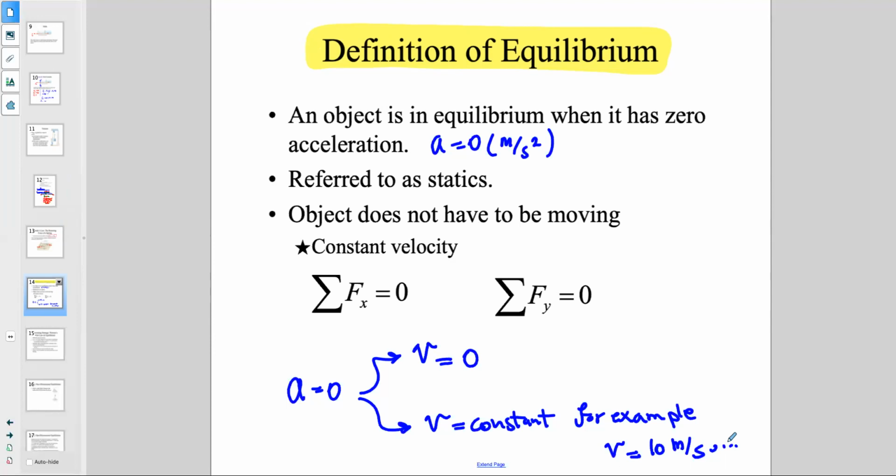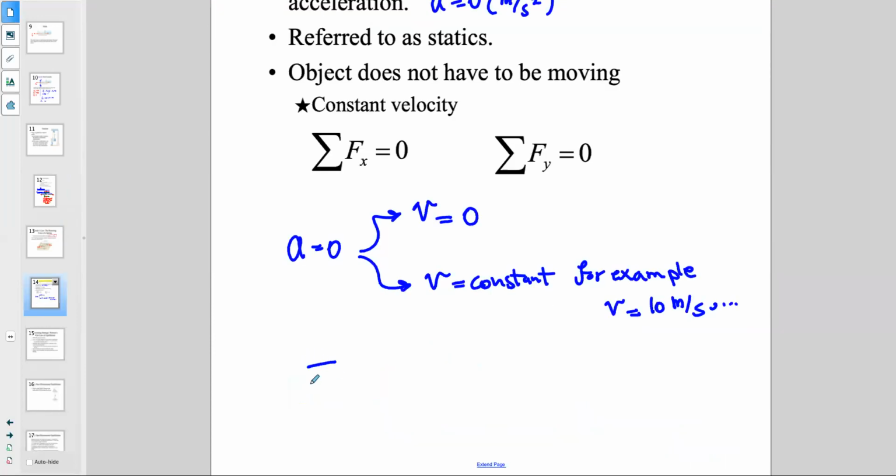So if that is happening, one of the requirements to have equilibrium is either the constant velocity in our system or no velocity at all, or the velocity of 0. That means that a is 0. And what it means is that, remember this, total force acting on a system is ma. If a is 0, what it means is that I am having a total force acting on this object being 0 when it has the equilibrium.